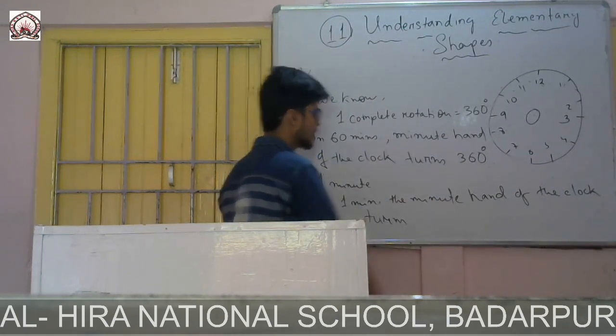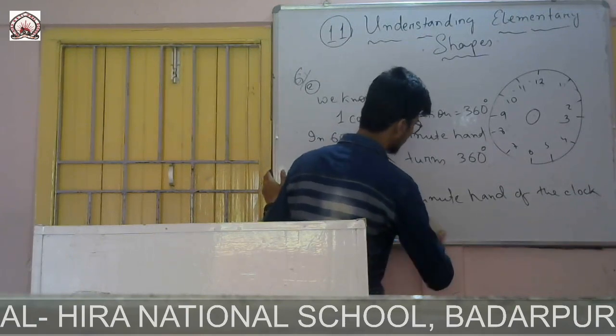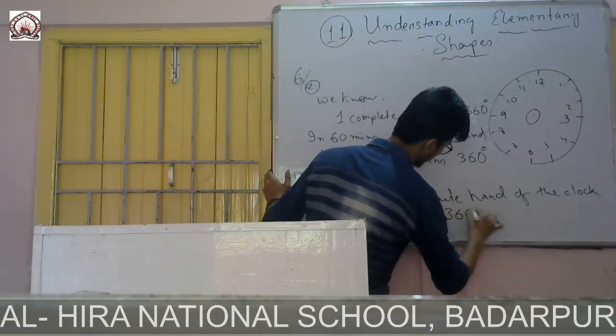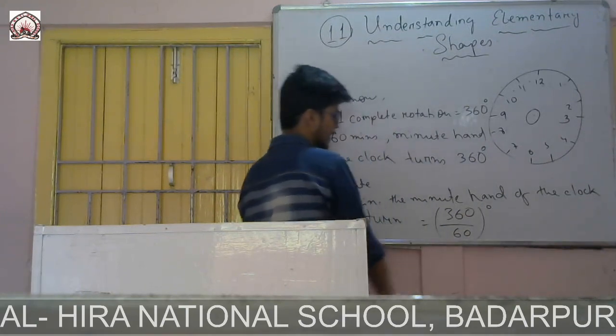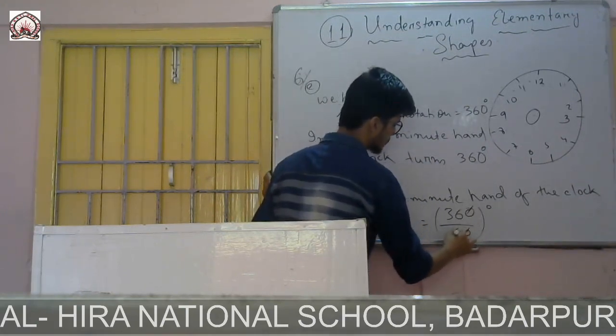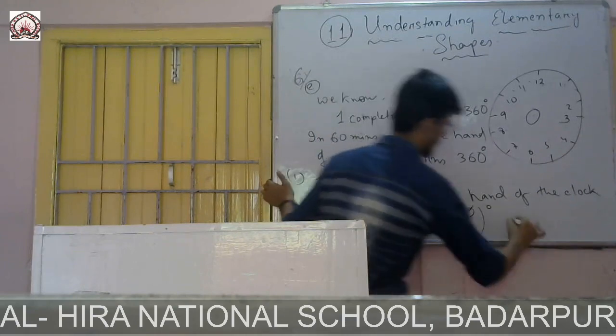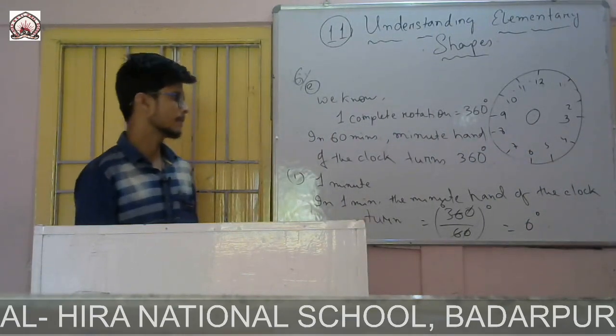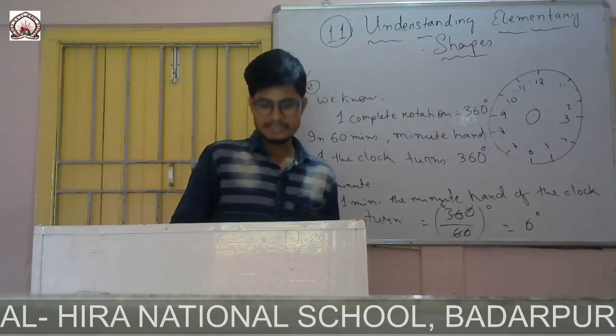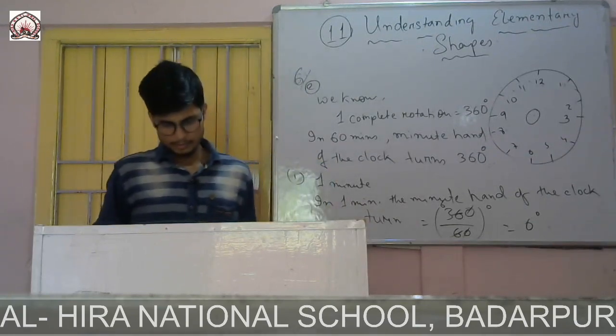That means in 1 minute it will turn 360 by 60 degree. If I cancel, 0 and 0 cancel, 6 sixes are 36. That means answer will be 6 degree. That means in 1 minute the minute hand of the clock turns 6 degree.